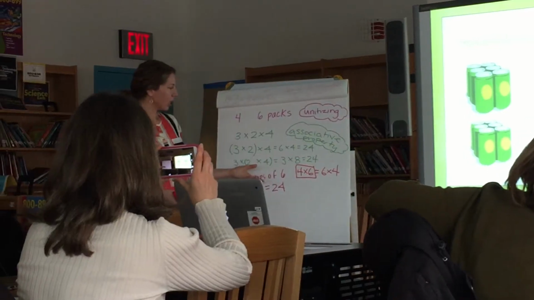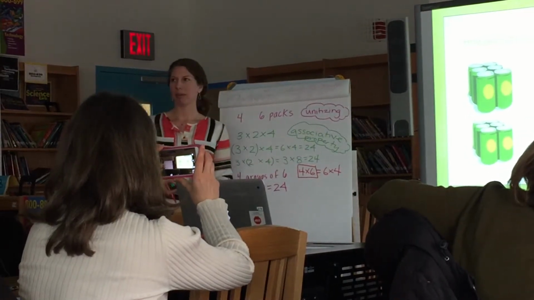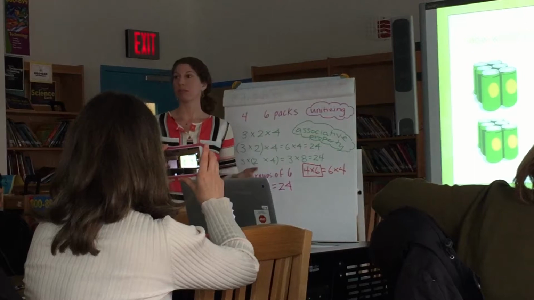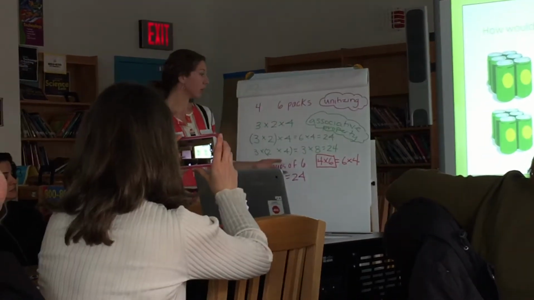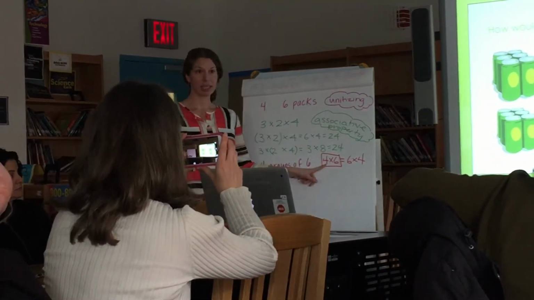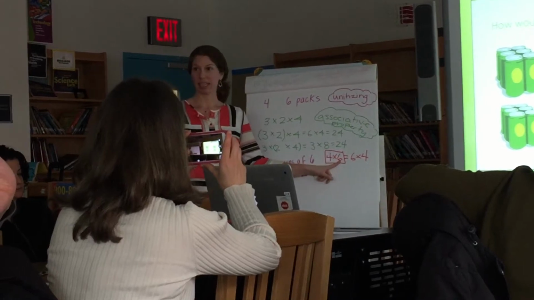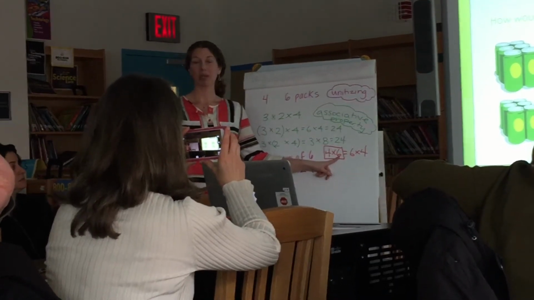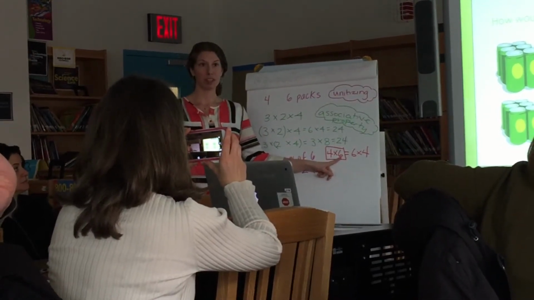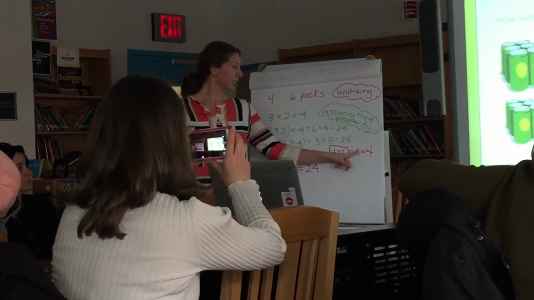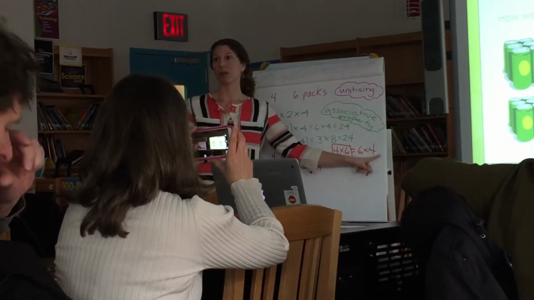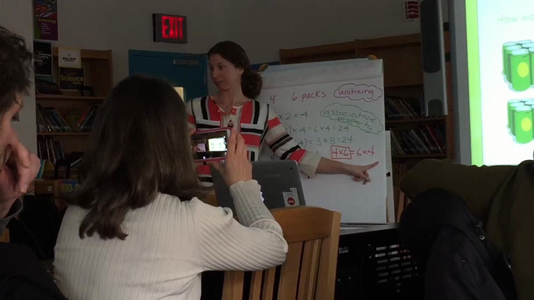So if I was telling somebody, you know, I'm going to be making all of these bouquets of flowers, and I really want to make 4 bouquets with 6 flowers in each bouquet. That's going to be a very, very different situation than I want to make 6 bouquets with 4 flowers in each bouquet.